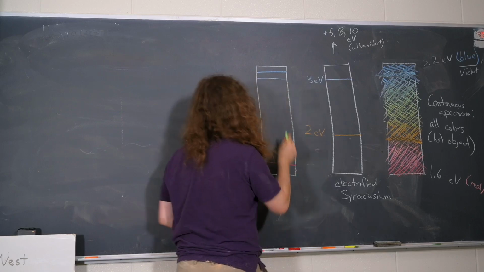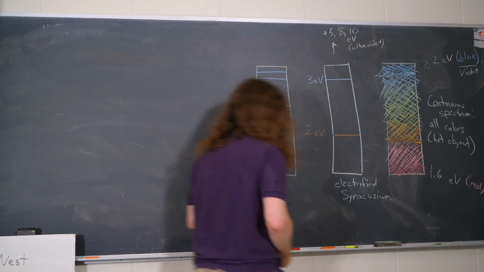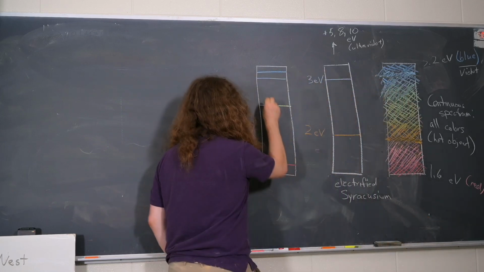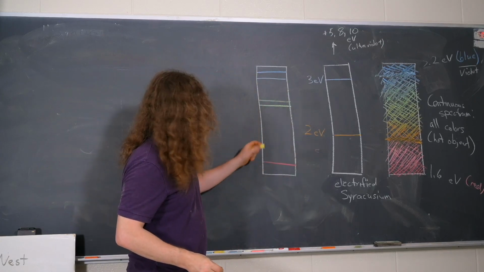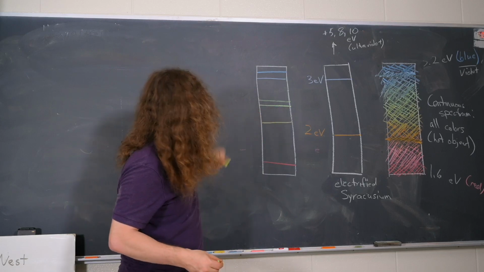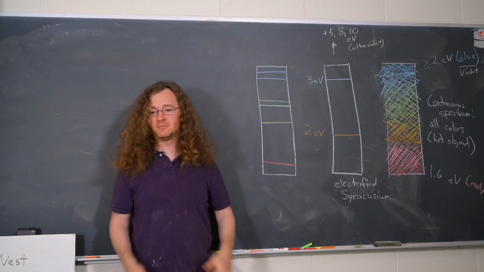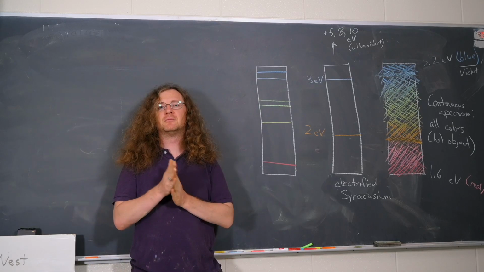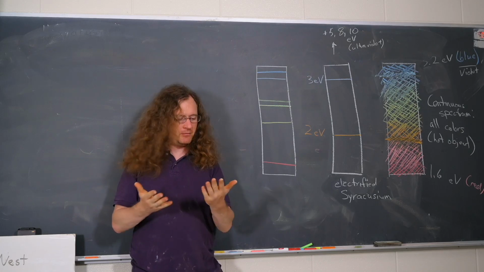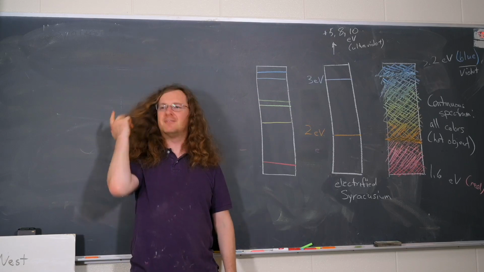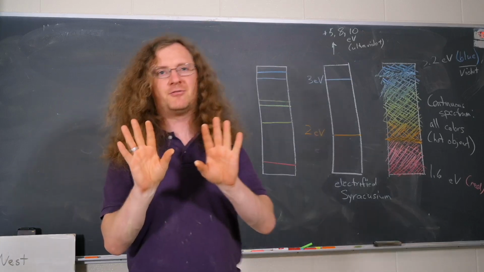So, what might produce a spectrum like this? What sort of object? Is it the sun? Is it something that I might have on my table? Is it my chalk-covered hands?